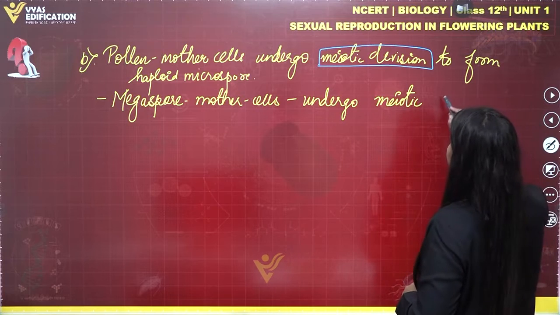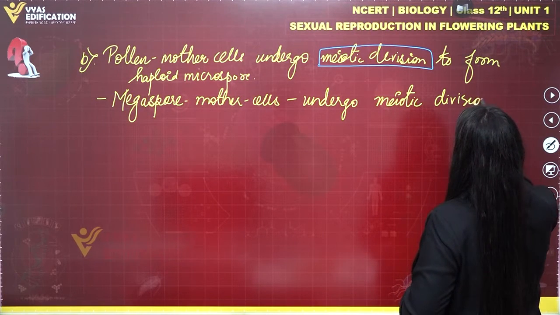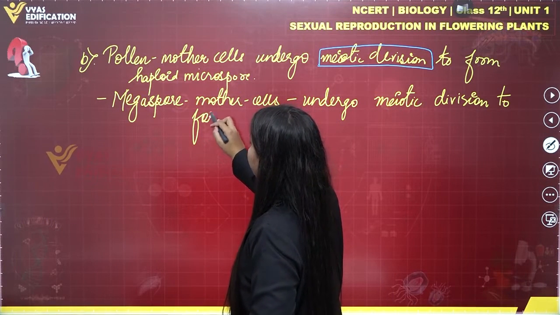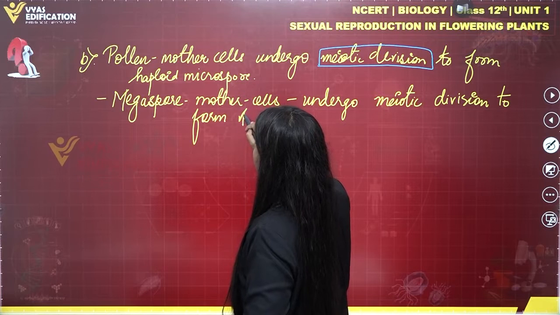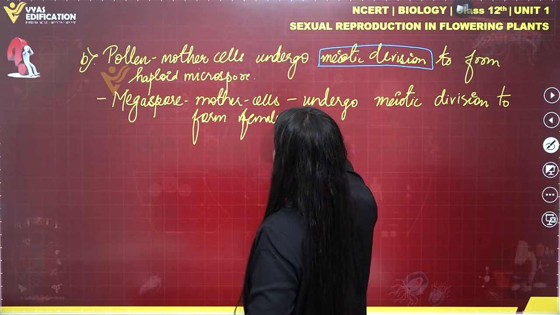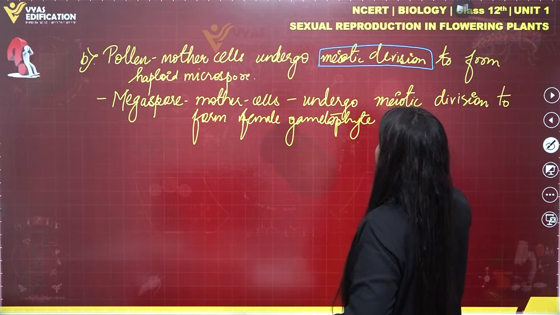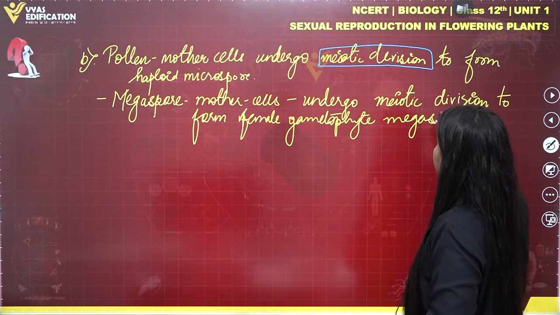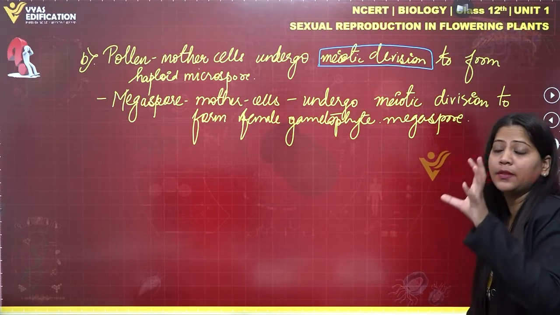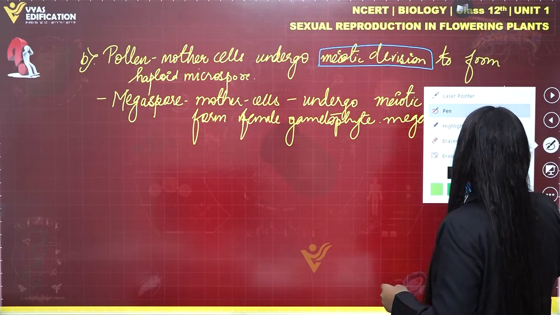So megaspore mother cells also undergo meiotic division to form female gametophyte or megaspore. So during the event of megasporogenesis, what kind of division is being seen?